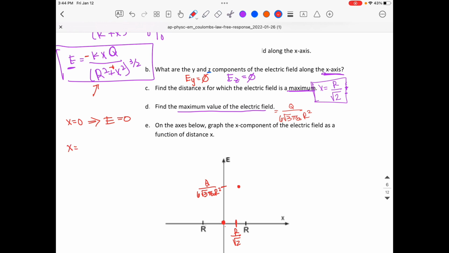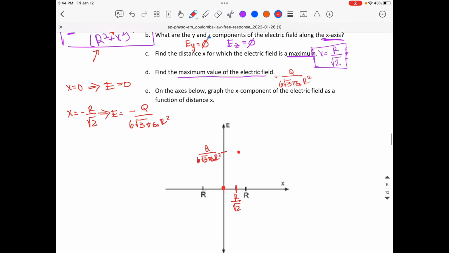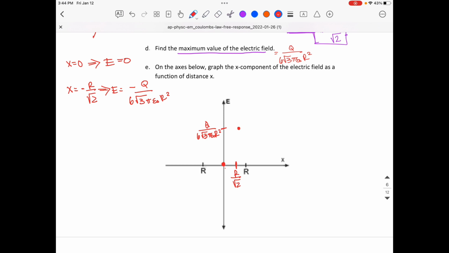At x equals negative R over root 2, that's going to give us E is equal to the negative of Q over 6 root 3 pi epsilon naught R squared. And so in that case, we've got somewhere here at R over root 2 some sort of minimum.